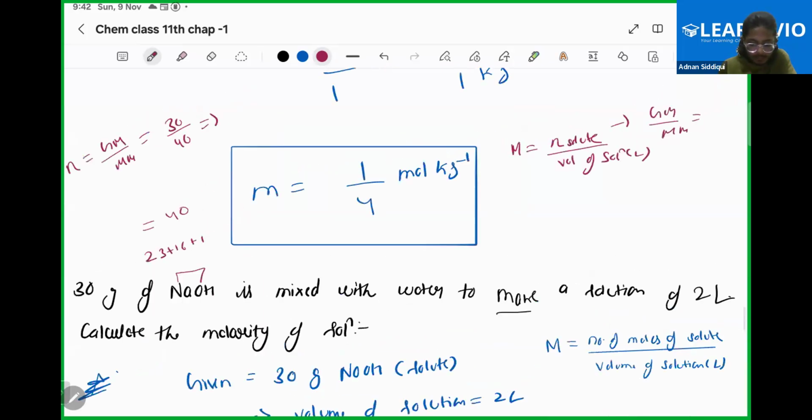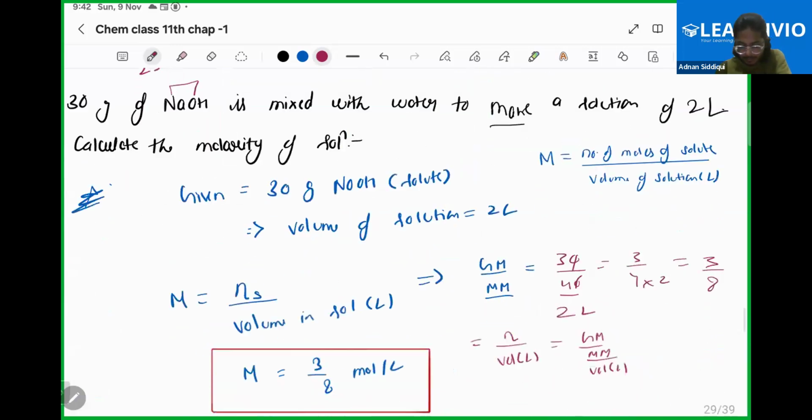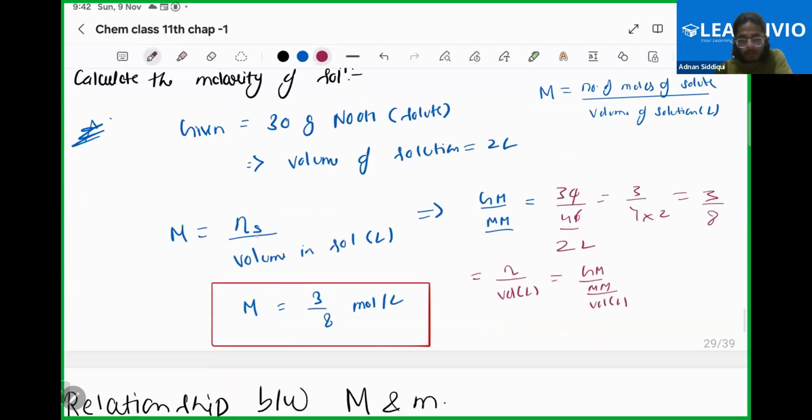Our answer is 1.5. So moles of solute, which is given mass upon molar mass, divided by volume of solution in liter, that is already given, 2. So 30 by 40 divided by 2. This is the way you are supposed to do it. Were you doing the same thing or some other way? I was also doing the same thing.